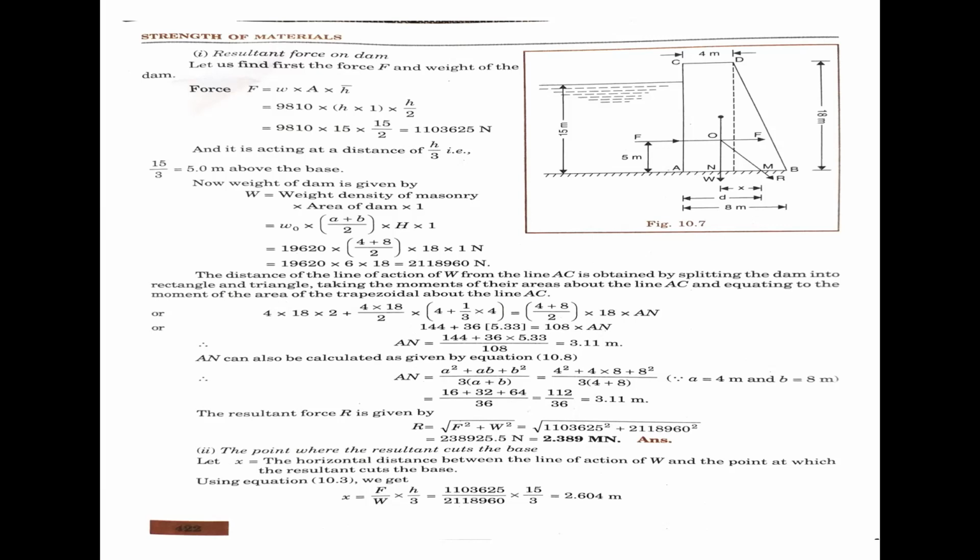Now the distance of the line of action of W from the line AC is obtained by splitting the dam into a rectangle and a triangle. See the diagram, two parts are split, rectangle and triangle.